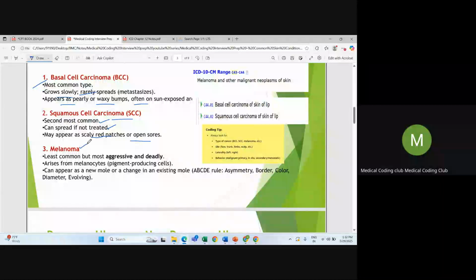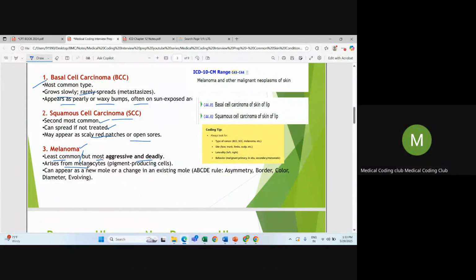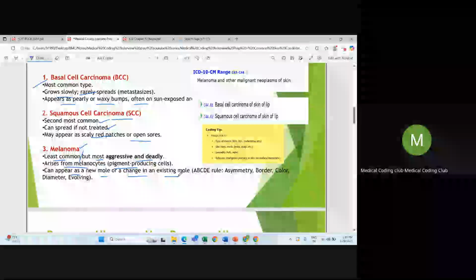Lastly, melanoma. Melanoma is the least common skin cancer, but it is the most aggressive and deadly. It can spread easily and grows very fast. It arises from melanocytes, that is pigment producing cells, and it can appear as a new mole or a change in an existing mole.